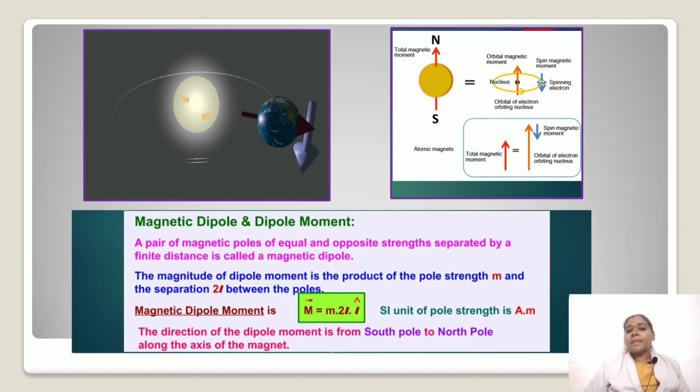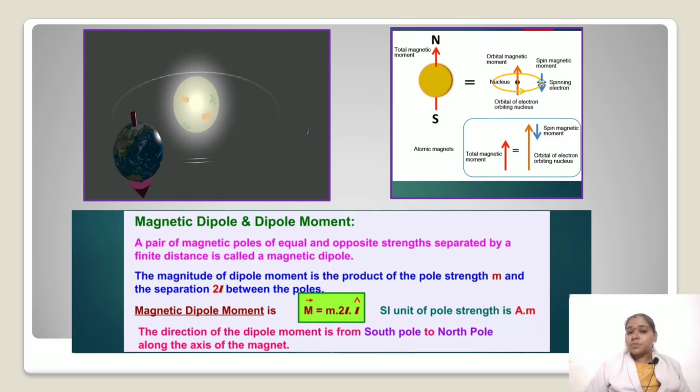So the total magnetic moment of an atom is the vector sum of its spin and orbital contributions. This concept is key to understanding why certain materials like iron or cobalt are strongly magnetic while others are not. It's all about how these tiny atomic magnets align and add up.